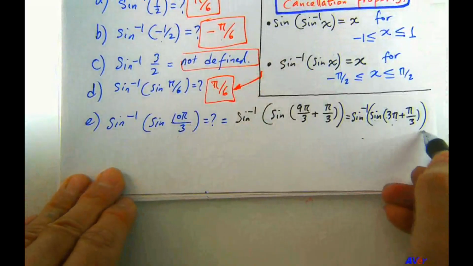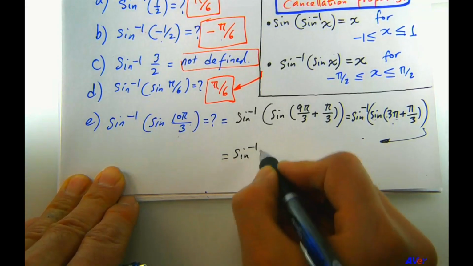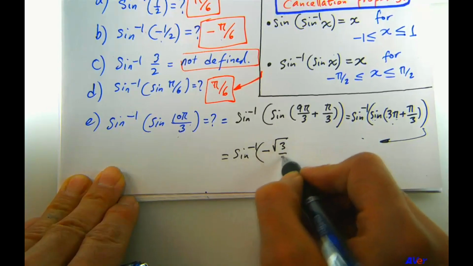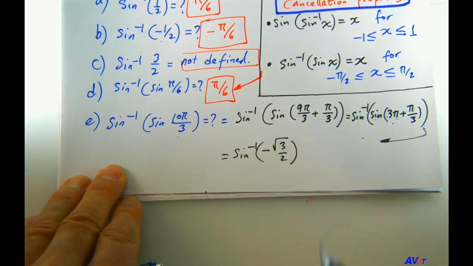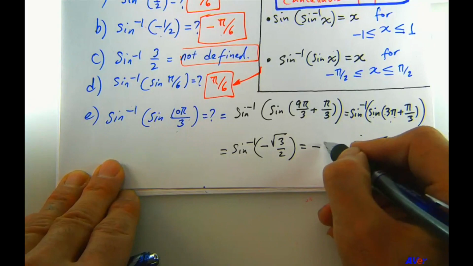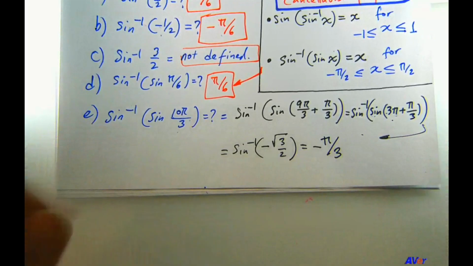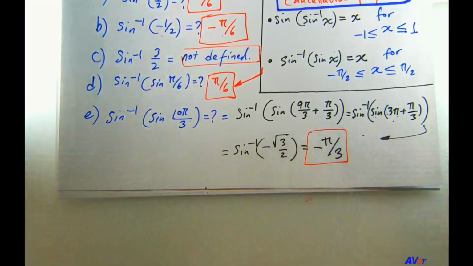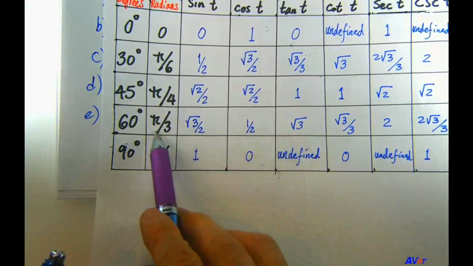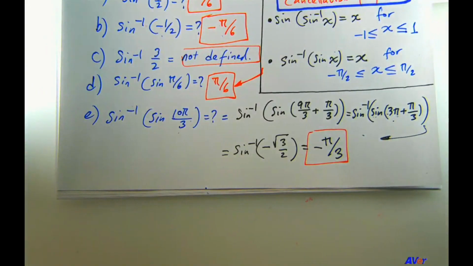So therefore, let me write here, that is equal to inverse sine of minus square root of 3 over 2, and that is equal to, we're in the third quadrant, so this angle has to be negative, so minus pi over 3. Right? Pi over 3. But it's negative in our case, so it is minus pi over 3. Okay, so that's that.